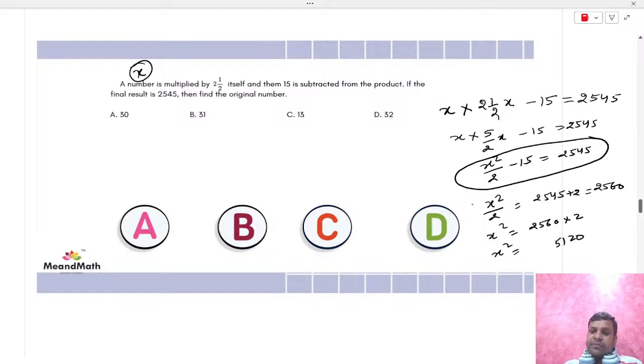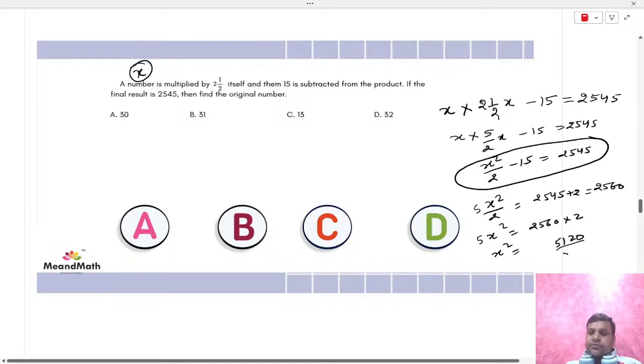And divide by 2 also here. So if we divide by 2, this is 1, 0, 2, 4. x square is equal to 1024. So x is equal to square root of 1024.